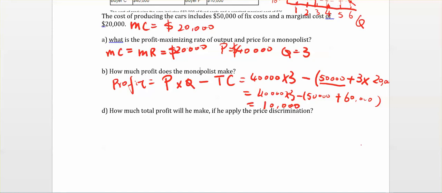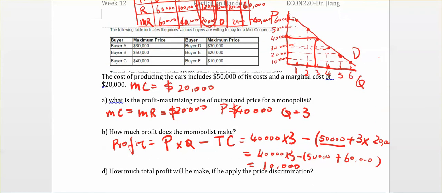For instance, if buyer A is willing to pay $60,000, which is $40,000 higher than the marginal cost, then the monopoly will charge buyer A $60,000. For buyer B, the monopoly will charge him $50,000.